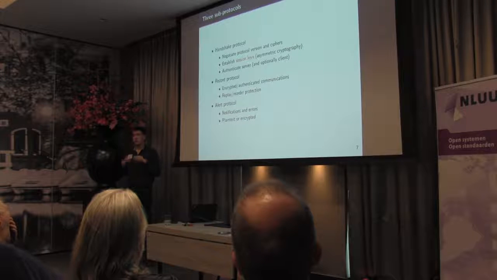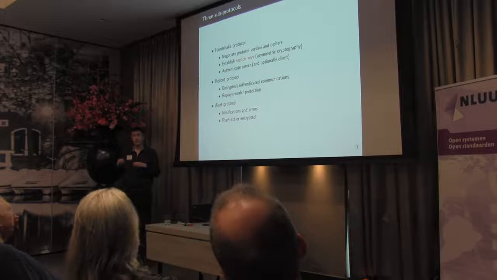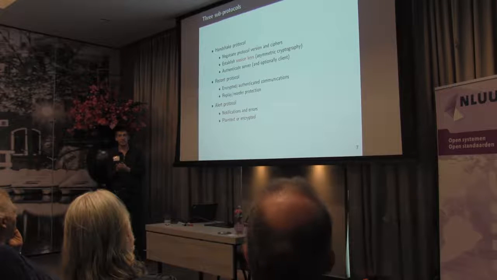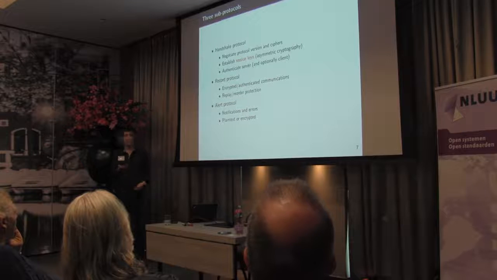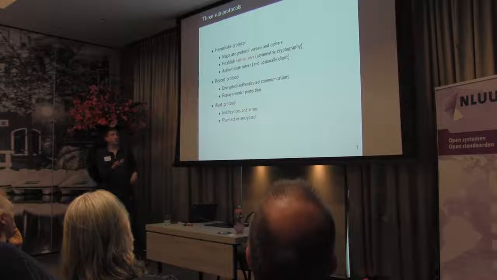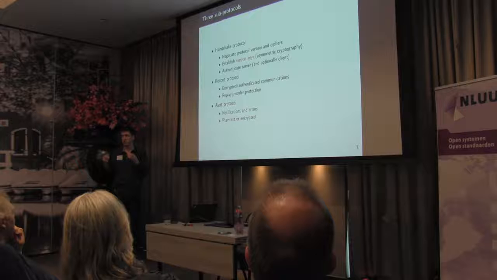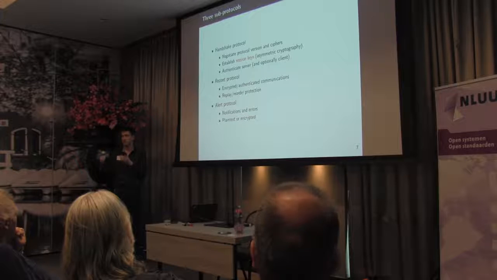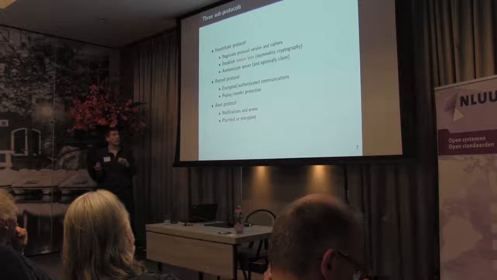Now, when we dive into the protocol itself, TLS basically consists of 3 sub-protocols. You've got a handshake protocol that you start with when you open a connection. This protocol is responsible to negotiate a protocol version and the cryptographic primitives that both parties want to use.